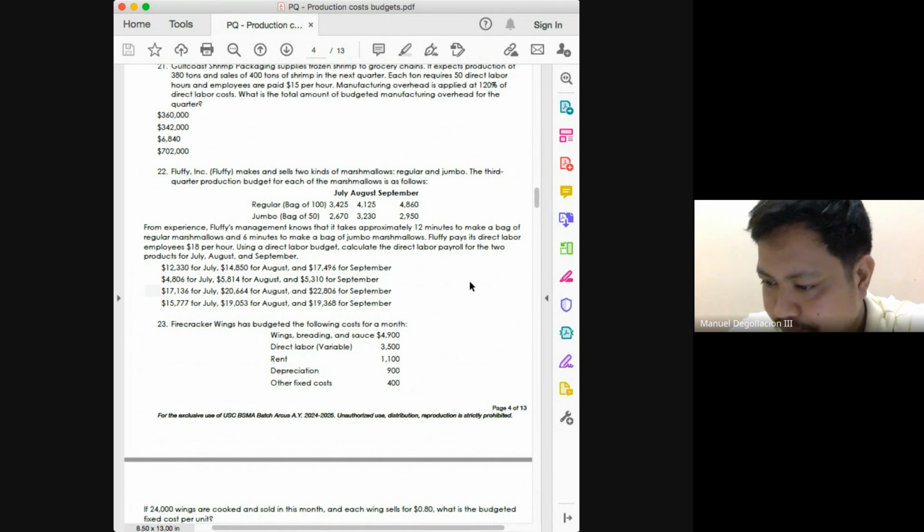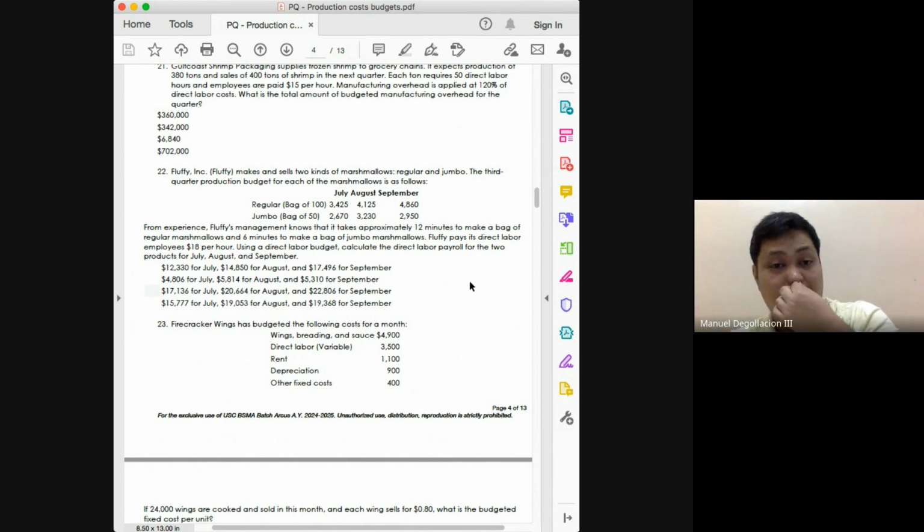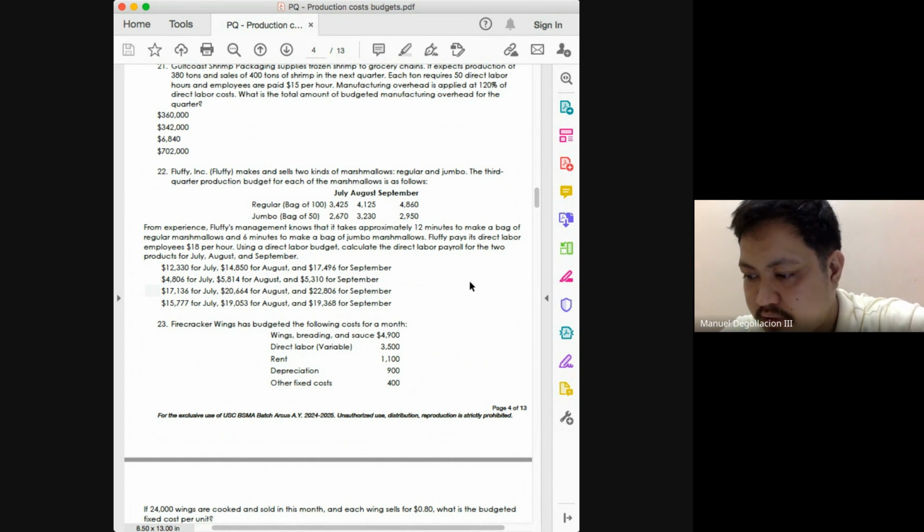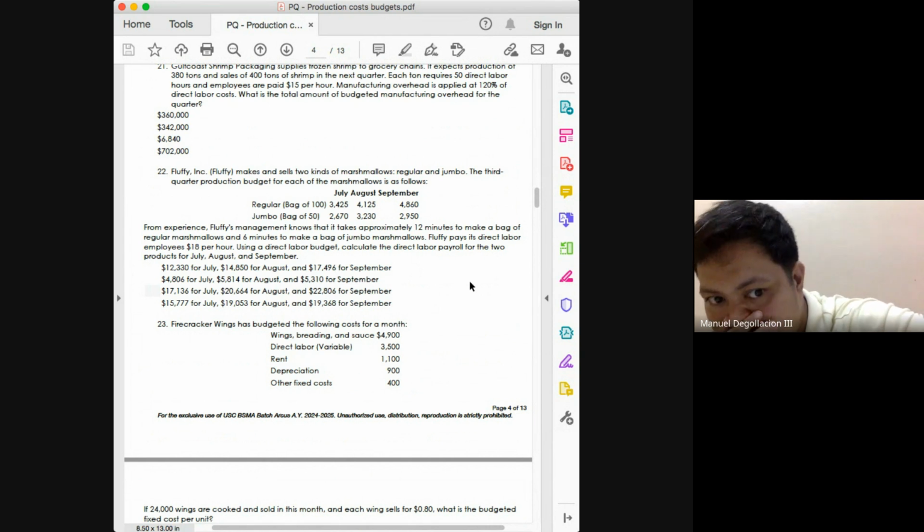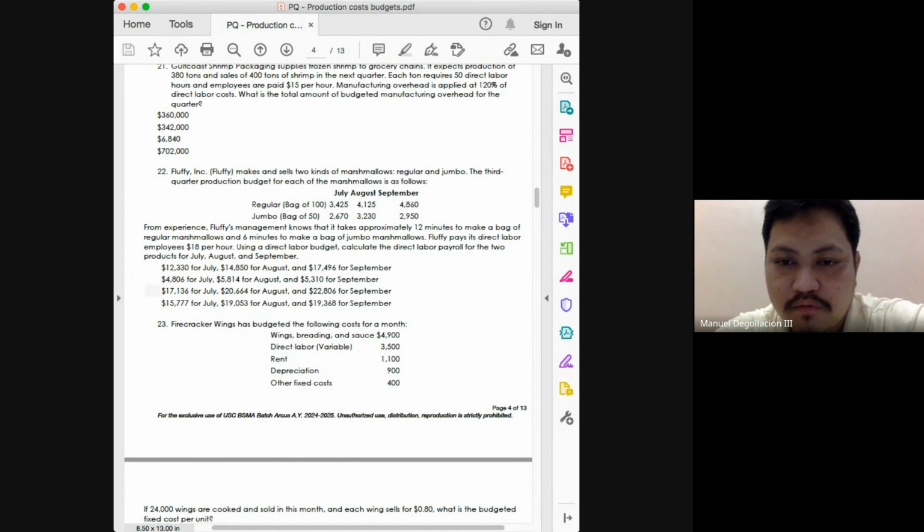And then for the jumbo, it's 2,670, but let's divide this by 60 to get the per minute. Since we would need how many minutes times 6, we will need 267 hours, plus the 685 for the regular, we will need a total of 952 hours.